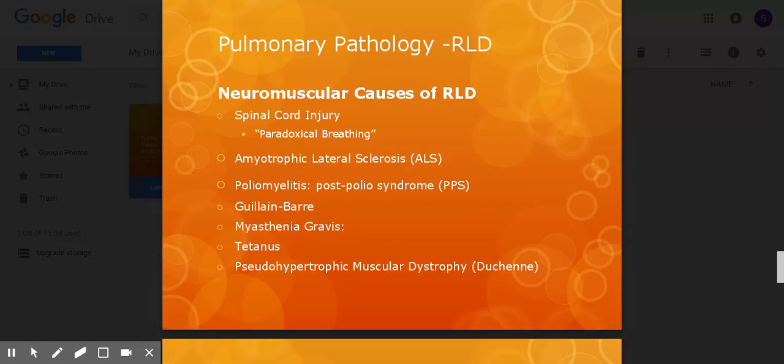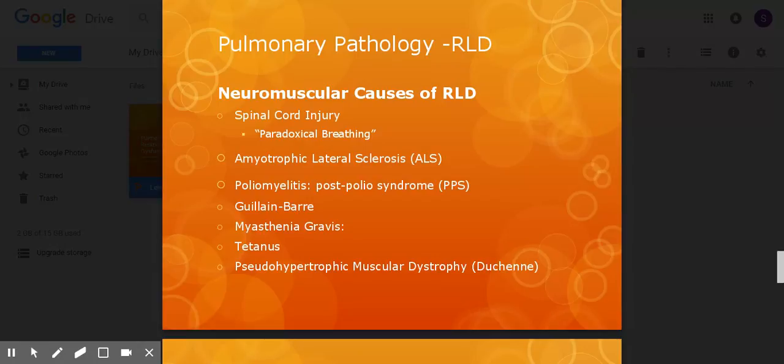We're going to watch a short video clip in class on Tuesday demonstrating what paradoxical breathing looks like. It is where the diaphragm is still functioning, but the diaphragm will descend on inspiration and the abdomen pushes out, but the rib cage and the thorax no longer have the bucket handle and pump handle mechanism to expand.